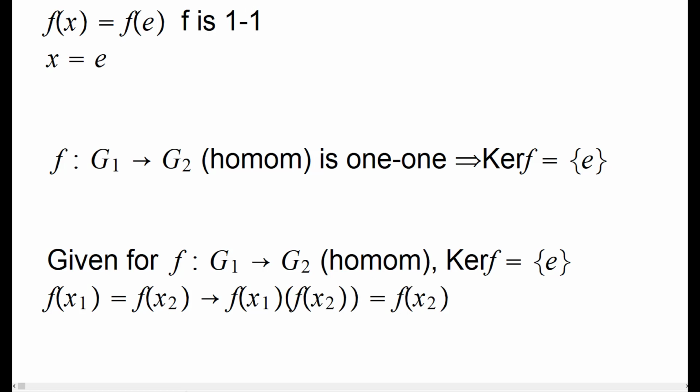That is just to multiply by the inverse on both the sides, and okay, so we got everything on one side. Now, we have a homomorphism, right? So what will happen? First thing that will happen is this inverse of f(x2) is nothing but f of x2 inverse, right?